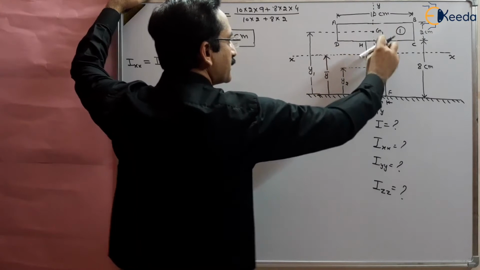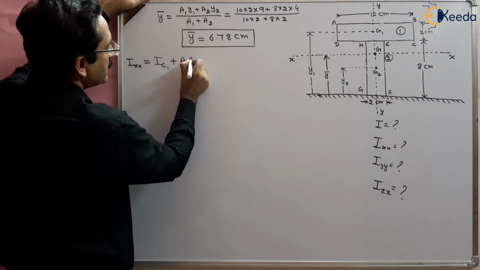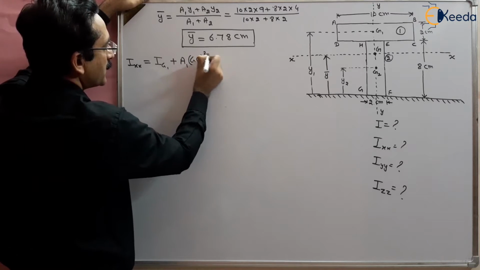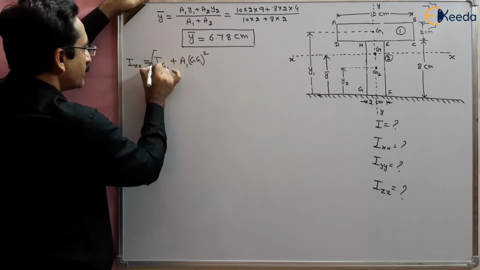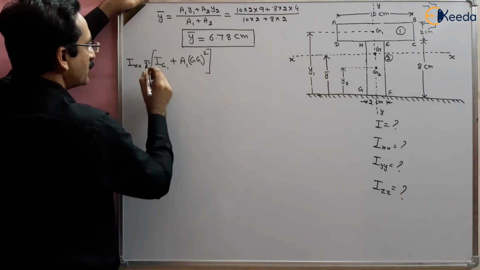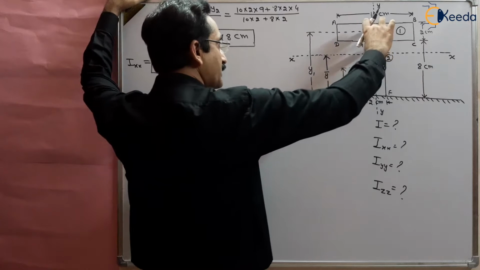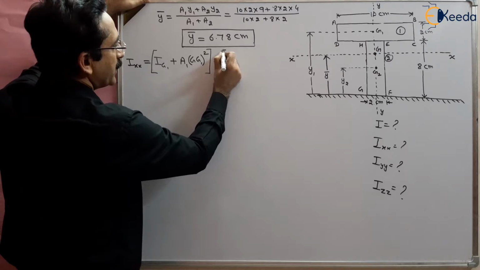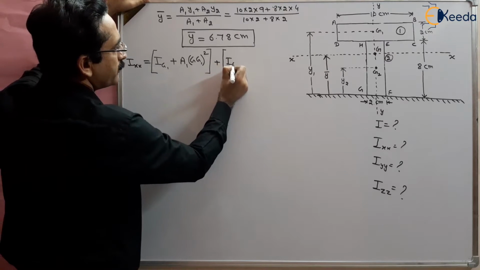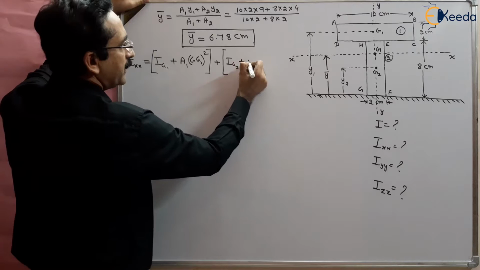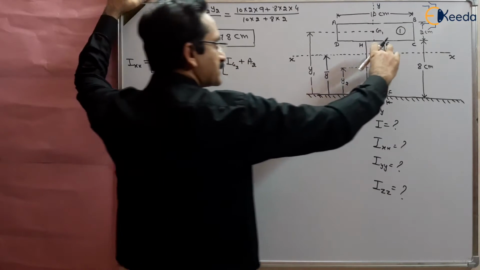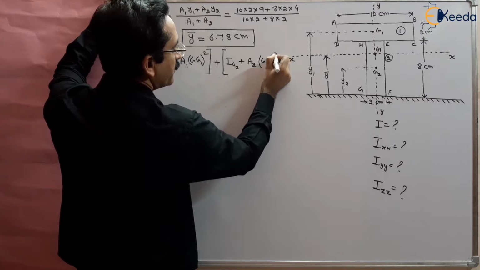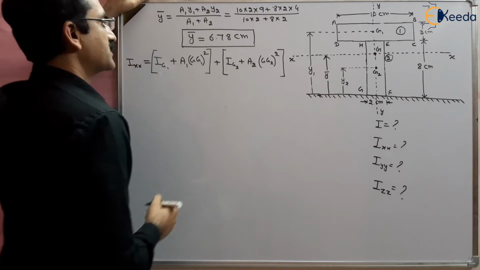So this is the distance G1, squared. This is the Ixx, the moment of inertia of body 1 about G, plus Ig2 plus A2 multiplied by this distance G2 squared, this distance, right?